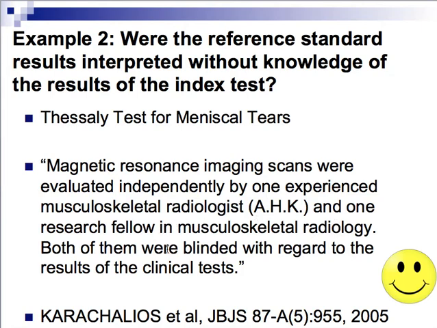Both of them were blinded with regard to the results of the clinical test. So we can often find a sentence in there being specific about whether the examiners were blind to either the clinical test or the reference standard, and having them blind to both is the best.